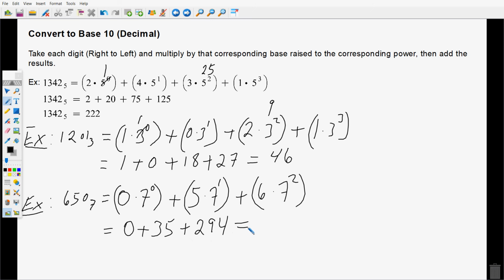Add these numbers up, and this is going to give me 329. So 650 in base 7 is 329.